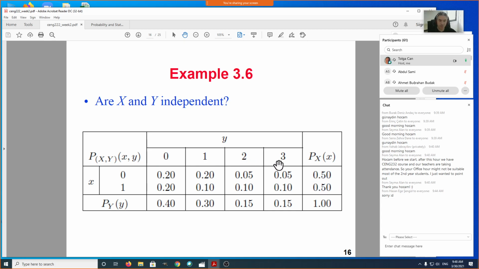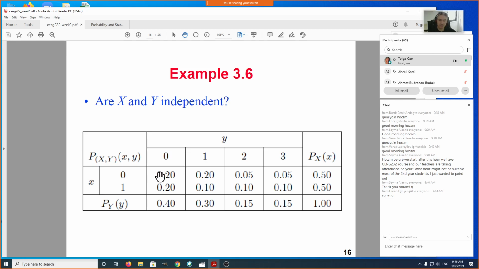And y takes these 4 different values, and here we see again we can sum the columns to find the distribution for y. Summing up these rows actually follows directly from the law of total probability, because x is equal to 0 and y is equal to 0, x is equal to 0 and y is equal to 1, and so on are mutually exclusive events, and summing over all the values of y, 0, 1, 2, 3, they are exhaustive and mutually exclusive.